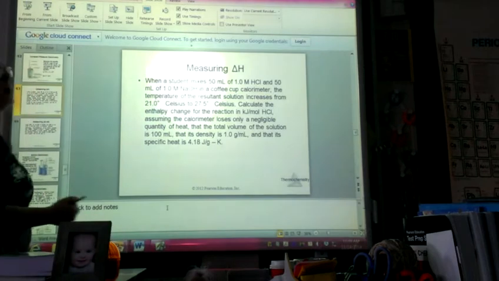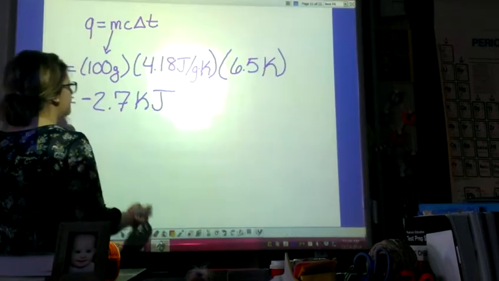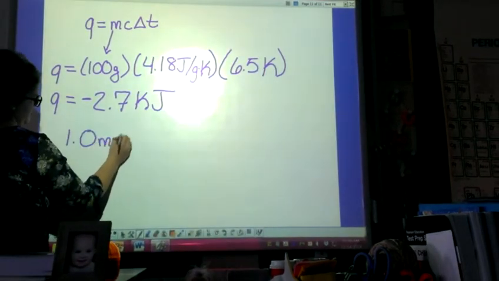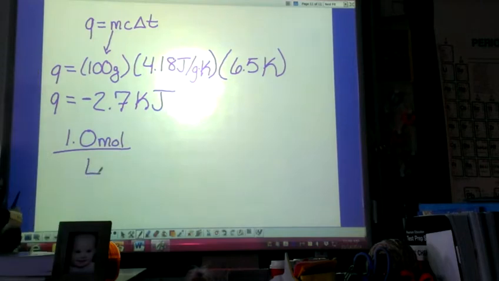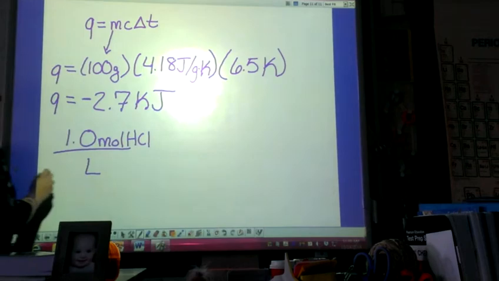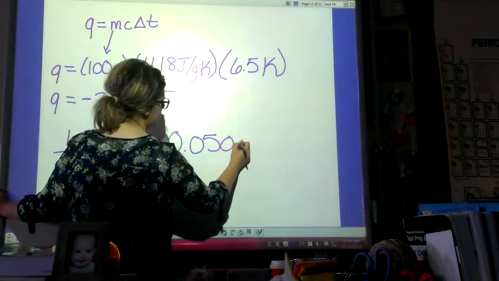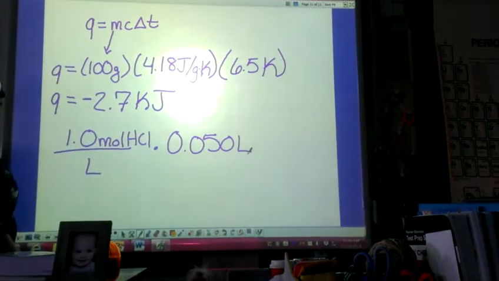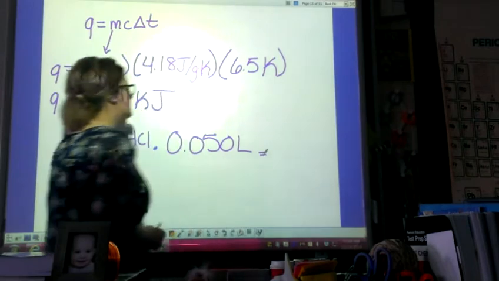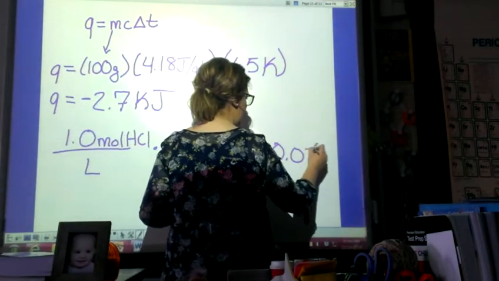So let me find how many moles of HCl I really have in this reaction. I know it's 1 mole per liter of HCl, and I want to know just how many moles in 0.050 liters, that'd be 50 milliliters. So if I do this, that leaves me with how many moles of HCl I have. That should just be 0.05 moles of HCl.